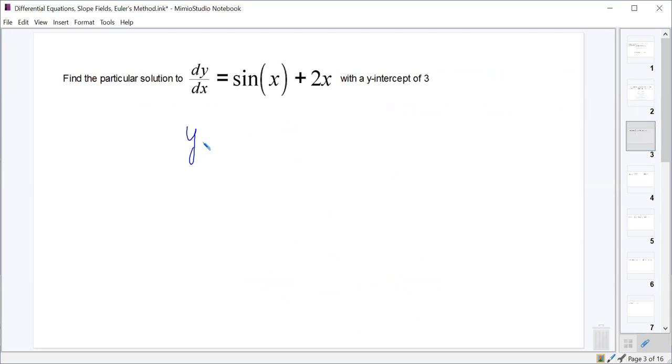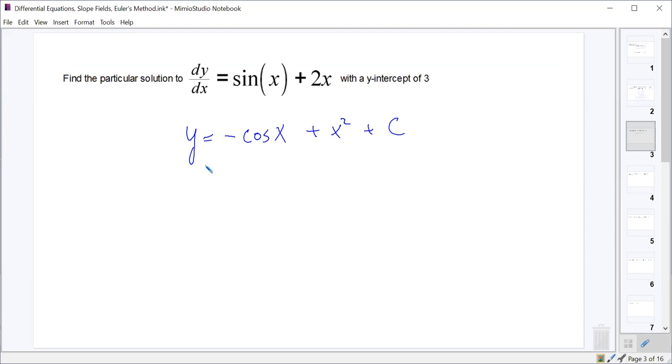When we integrate, we should get y equals what? Yeah, that's right, negative cosine x, and then plus x squared plus our constant.